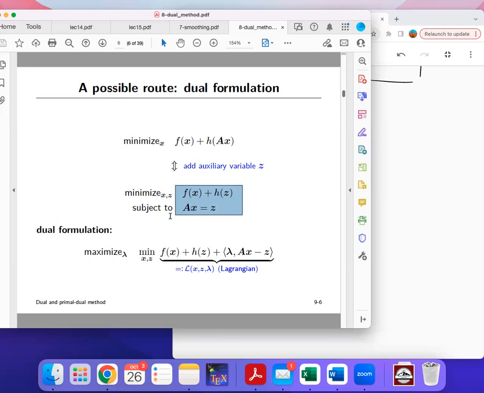Now the affine transformation is only imposed in the equality constraint. In the problem, x and z are two different things. We just need to make sure they satisfy this equality constraint.